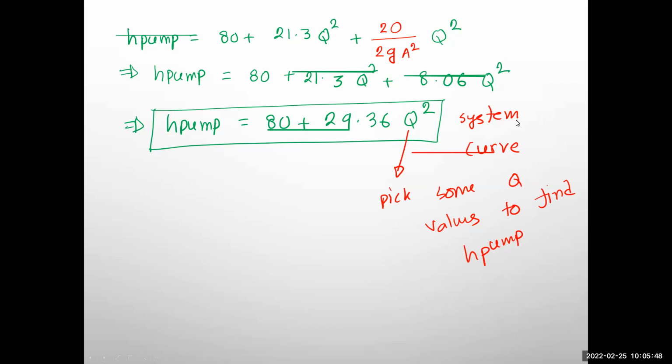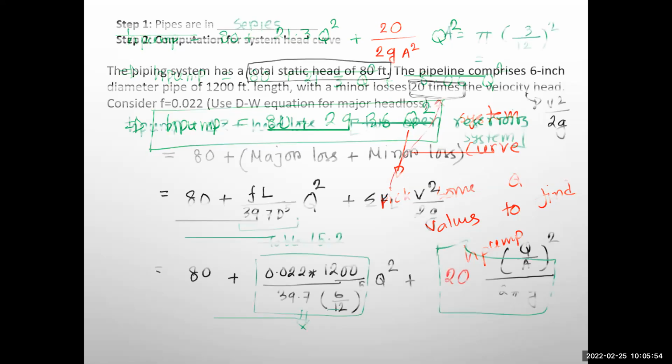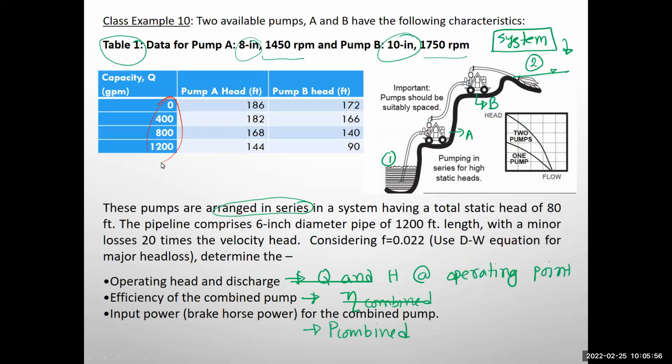So here, either you can pick some random Q values, you just need to make sure that it is within this range, 0 to 1200, or you can directly pick these four values and get the Q values for the system head curve. There is nothing wrong with picking some random values as long as that is within the range, like 0 to 1500, 2000, because that is the range of the pump head curve.